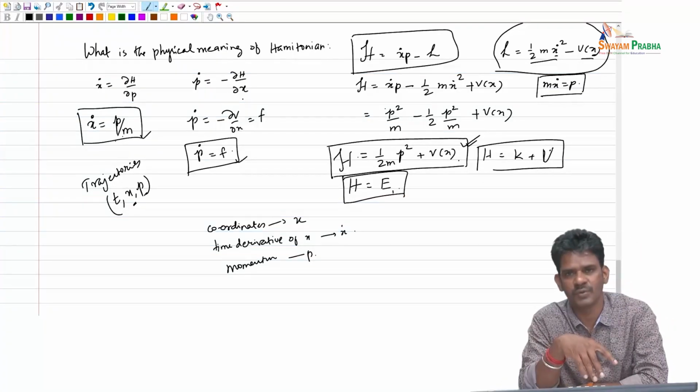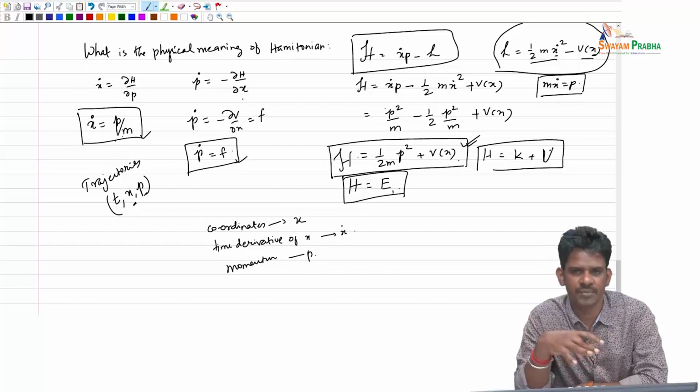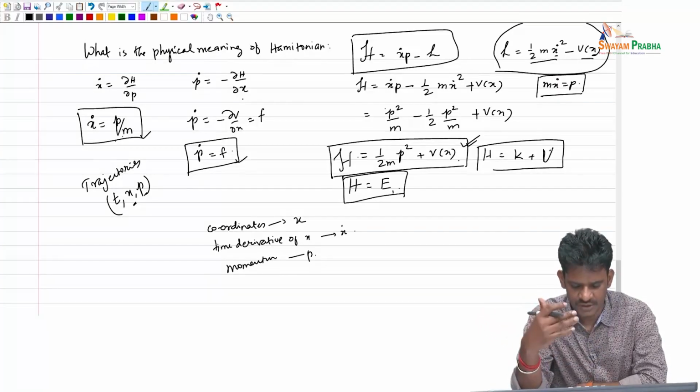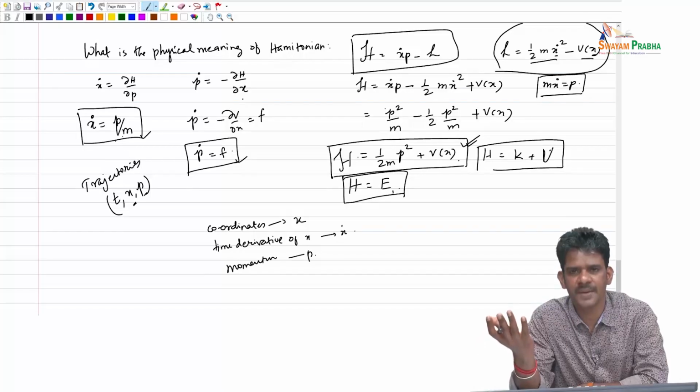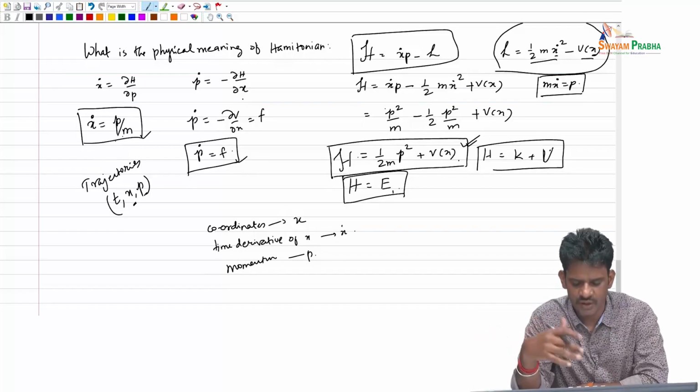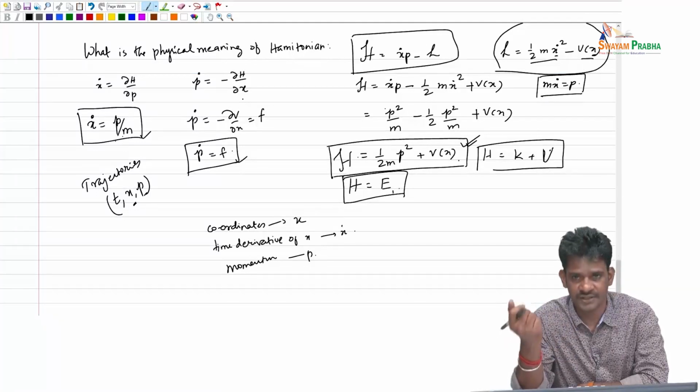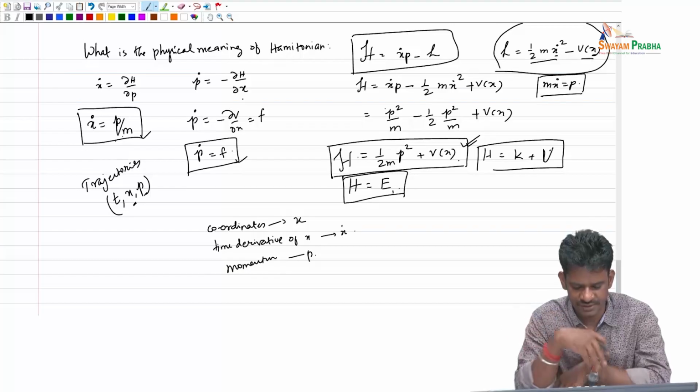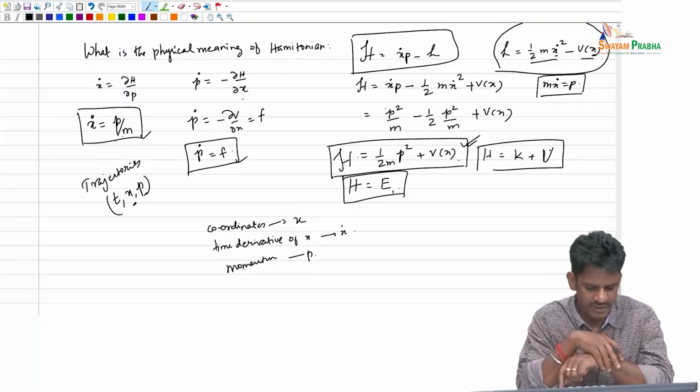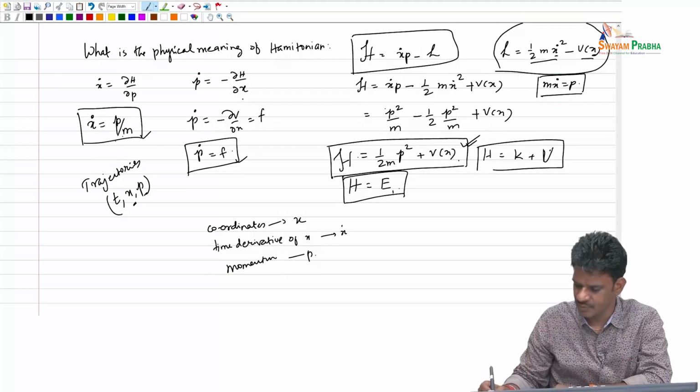Everything was dealt with as a scalar variable. But when you go to an n particle, three-dimensional system, then the coordinates, the velocities and the momenta all become vector variables of the n particle system. So now let us generalize this for an n particle system, having done this for a one particle system.